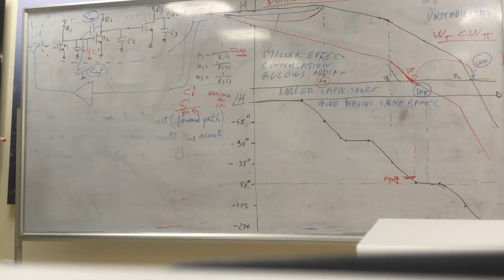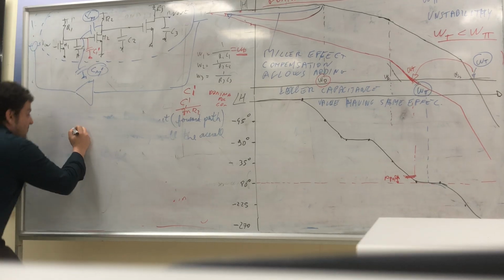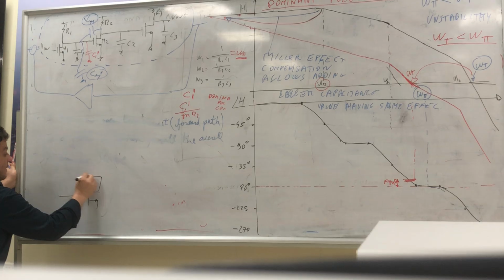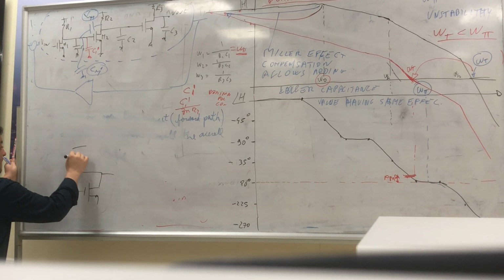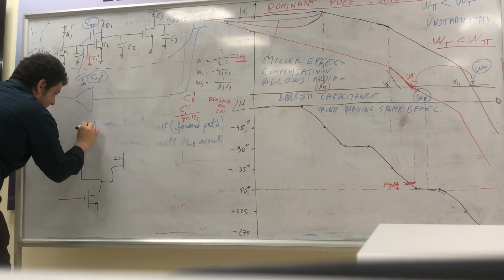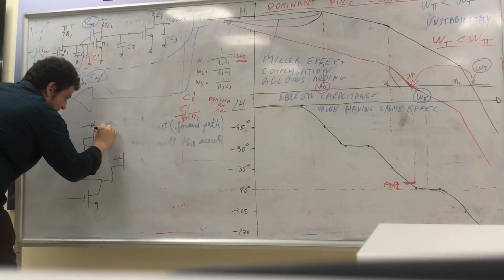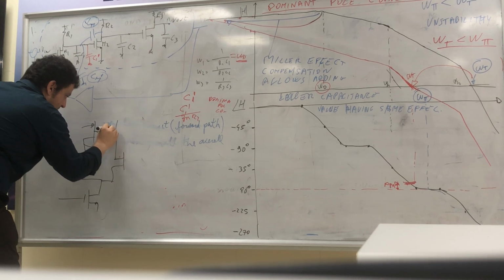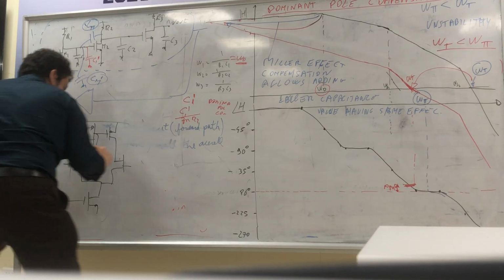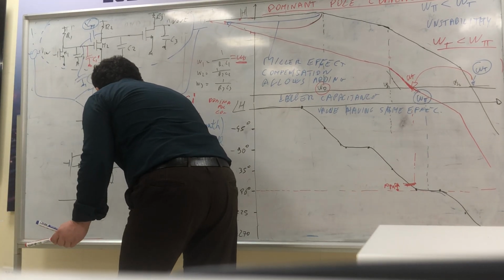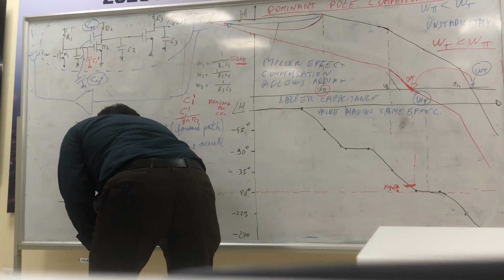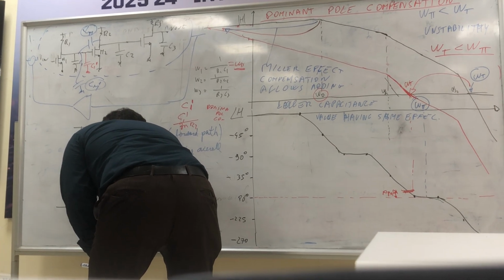So actually, if we have something like that, usually here we have a 5T OTA. Here you have the second stage. Here you have a kind of gain. Here this is a mirror.